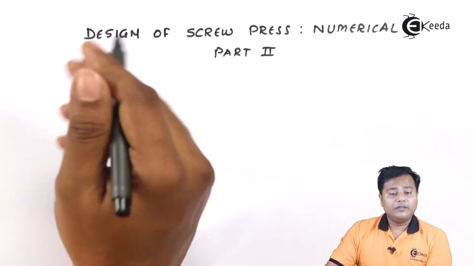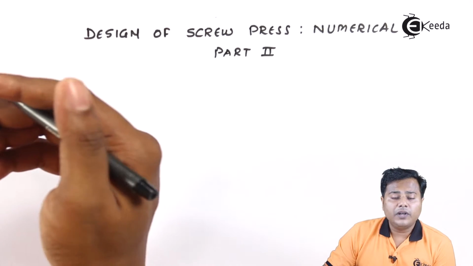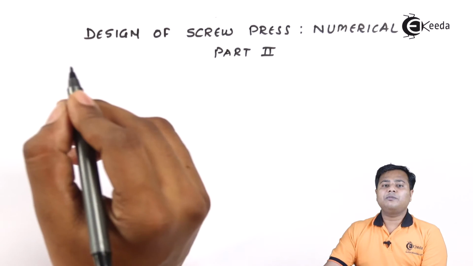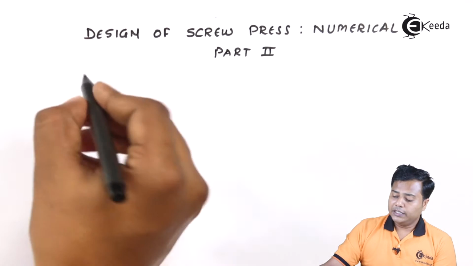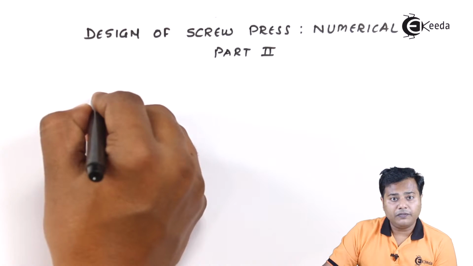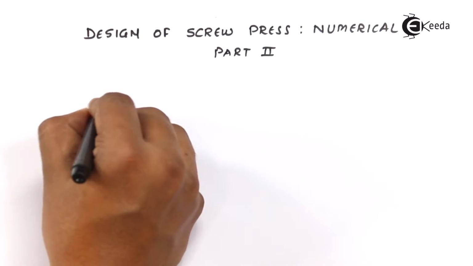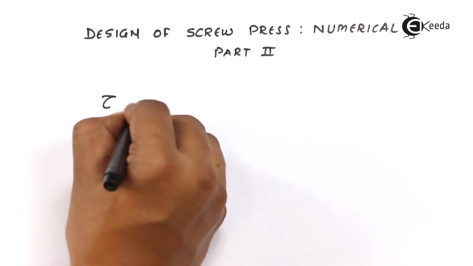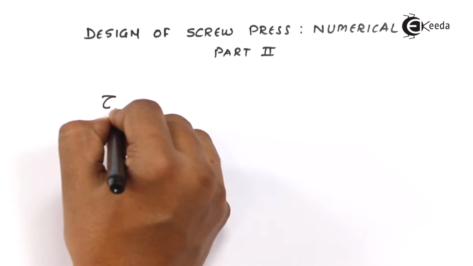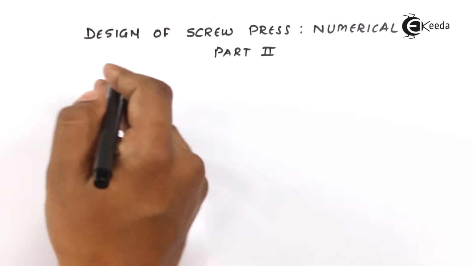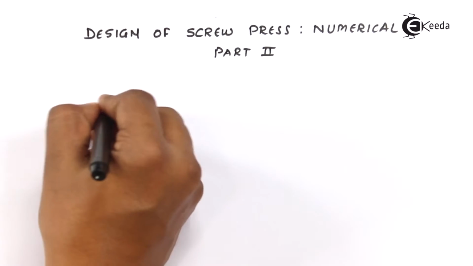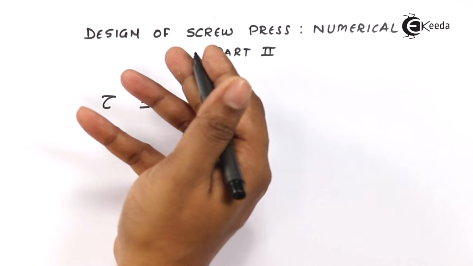We are looking at the shear stress failure of that particular screw. Again, from the PSG data book, you can refer to the section of power screws where you will find the shear failure criteria, and that says the tau that is induced is equal to, you need not write induced, because when you make brackets around it, it's a design one, and without brackets it's the induced, actual one.